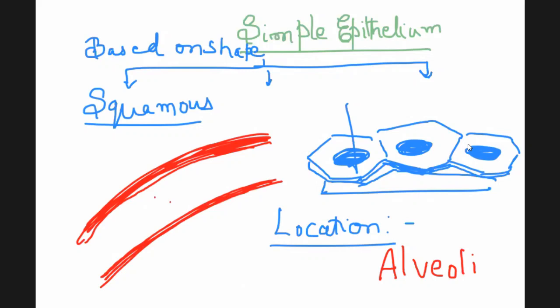And blood flows here. Like that, lymph flows in lymph vessels. Next, the innermost layer of the blood vessel, which is in contact with the blood. And in the heart also, blood flows.